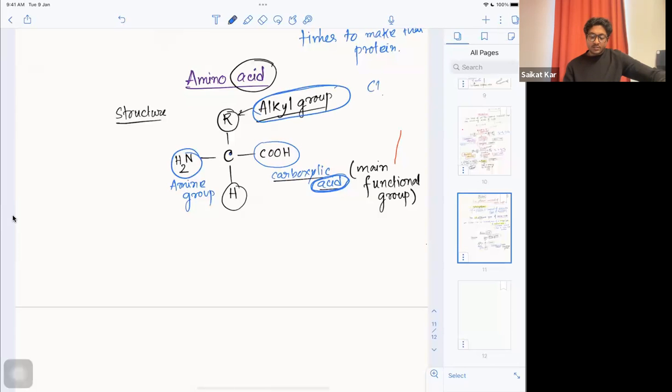You can add say CH2CH3, or you can add say CH double bond CH2, or you can add something triple bond, anything. So this group is overall an alkyl group. You can add alkene, alkyne, or anything.